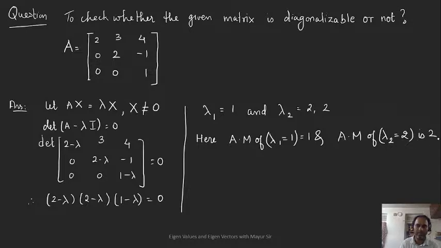We write it this way and we get the answer for the algebraic multiplicity of both eigenvalues.